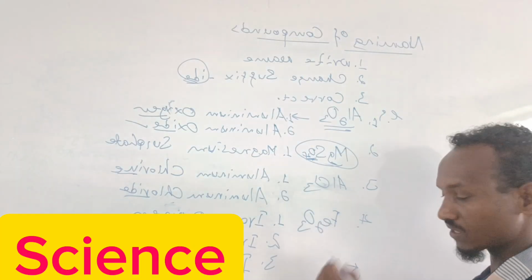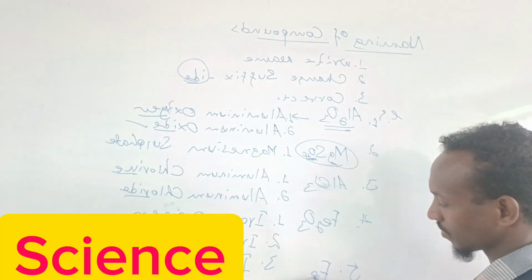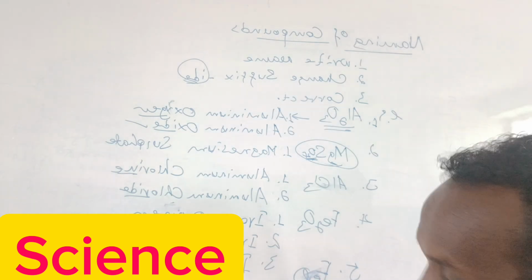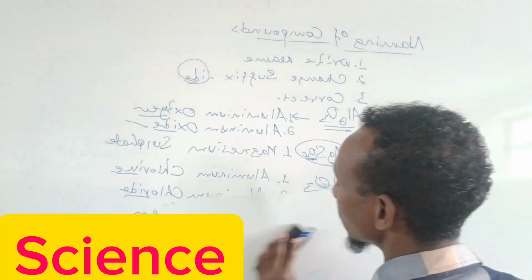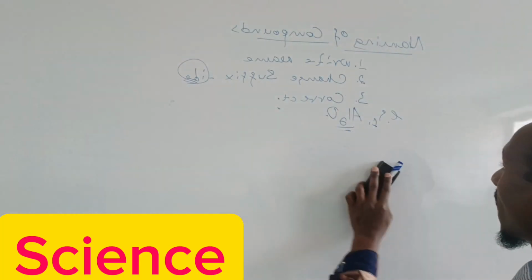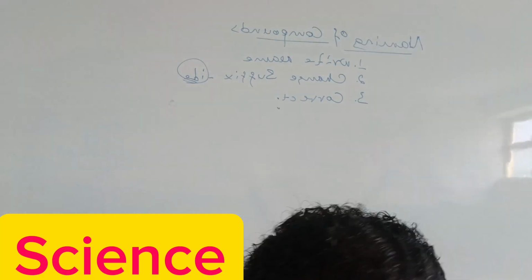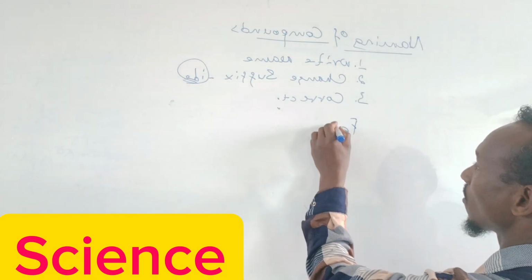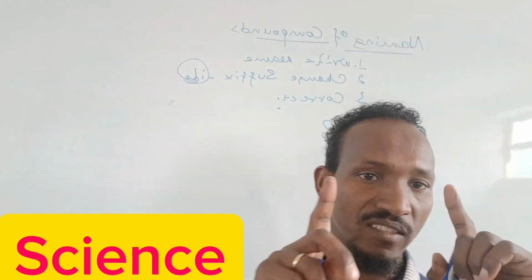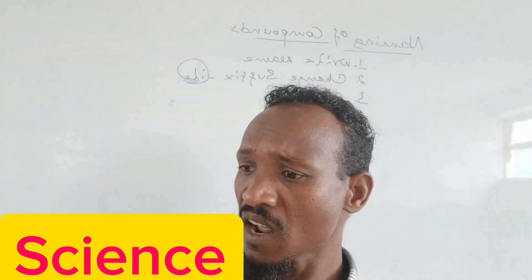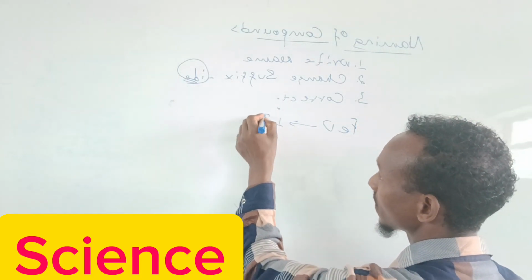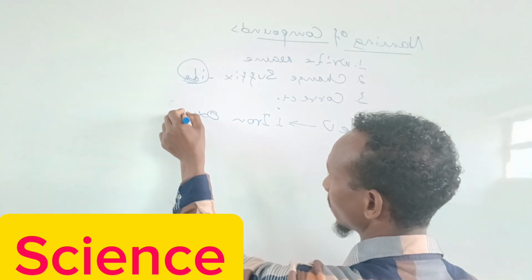The fifth example, iron oxide, FeO. To write the name of this iron oxide, note that Fe2O3 and FeO are different. When iron becomes FeO, this is iron(II) oxide. That means the valencies of iron and oxygen are both 2, and they cancel each other, and it becomes FeO. Write the name of iron first, and there is oxygen here.